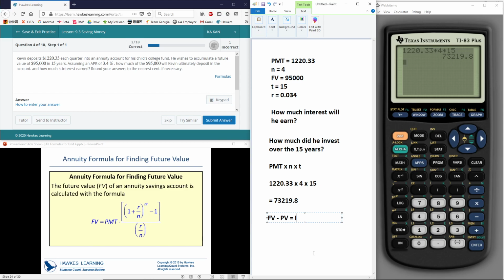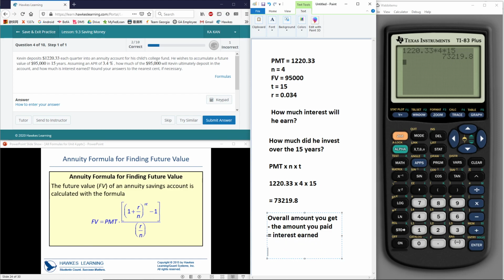Or you can just say this: the overall amount you get minus the amount you pay equals the interest that you earn.